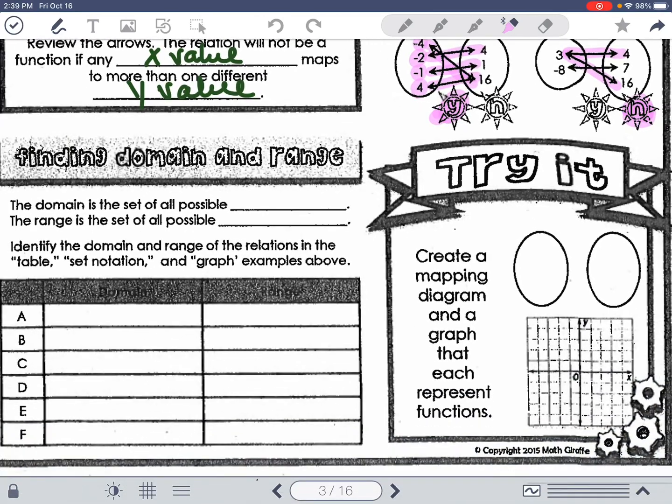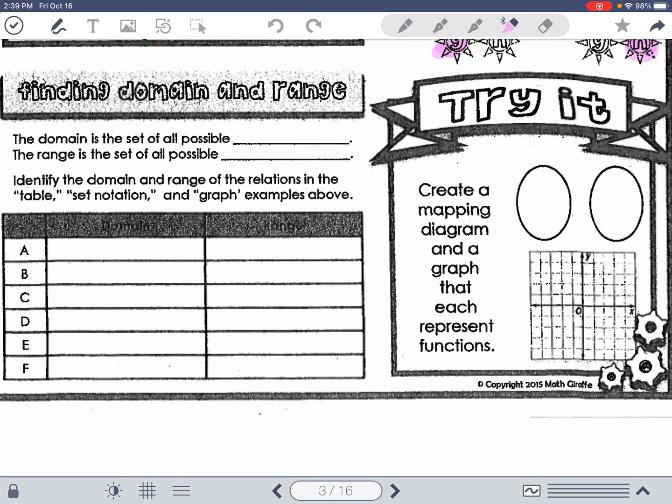And lastly, let's talk about domain and range. The domain is the set of all possible input values. The range is the set of all possible output values. Input are your x values, range or output are your y values.